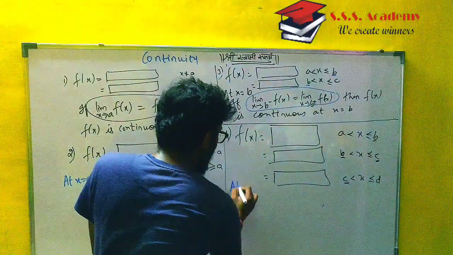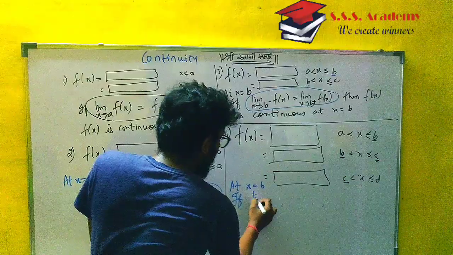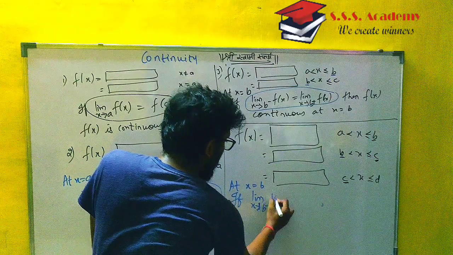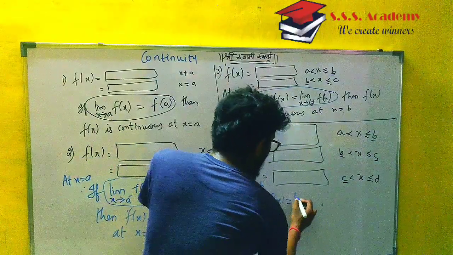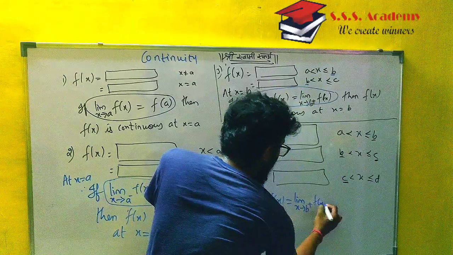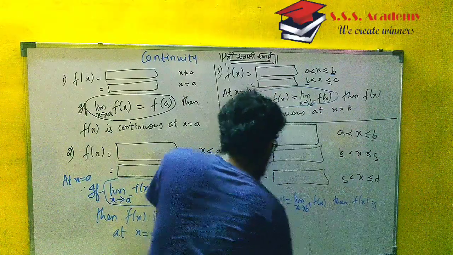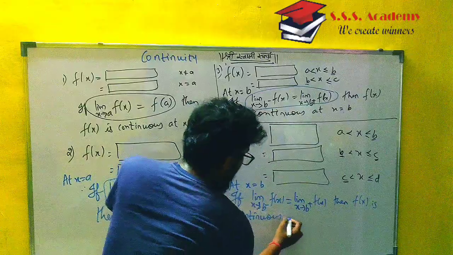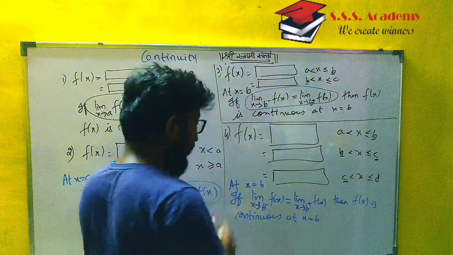That is, at x equals b, if limit x tends to b minus f of x equals limit x tends to b plus f of x, then we'll say that f of x is continuous at x equals b.